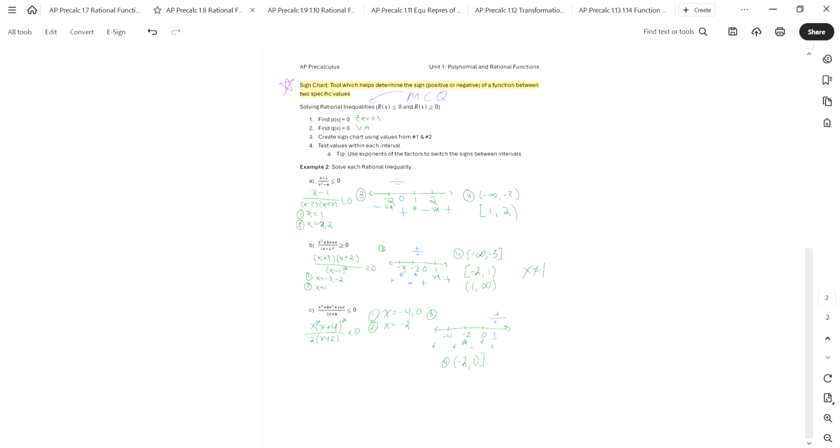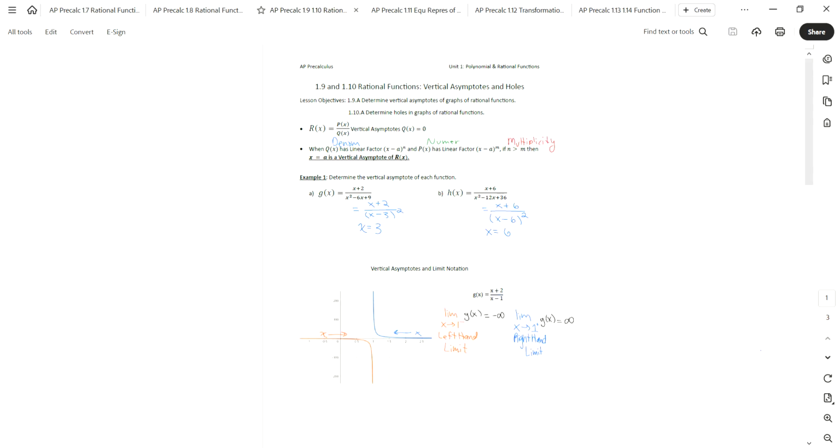And remember what we used in polynomials, using the exponents to figure out if it switches between the intervals, that still works here as well. So looking at multiplicities. So that was 1.8.